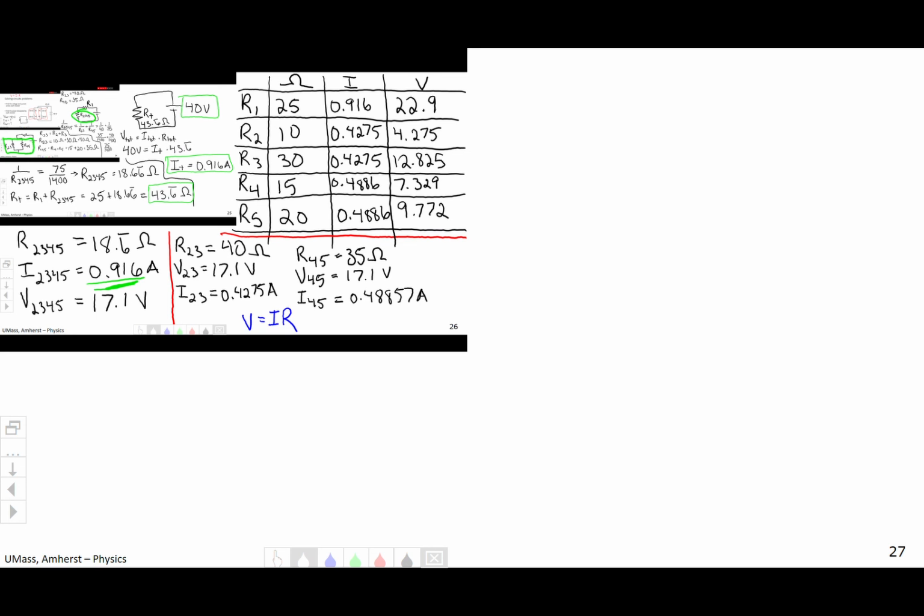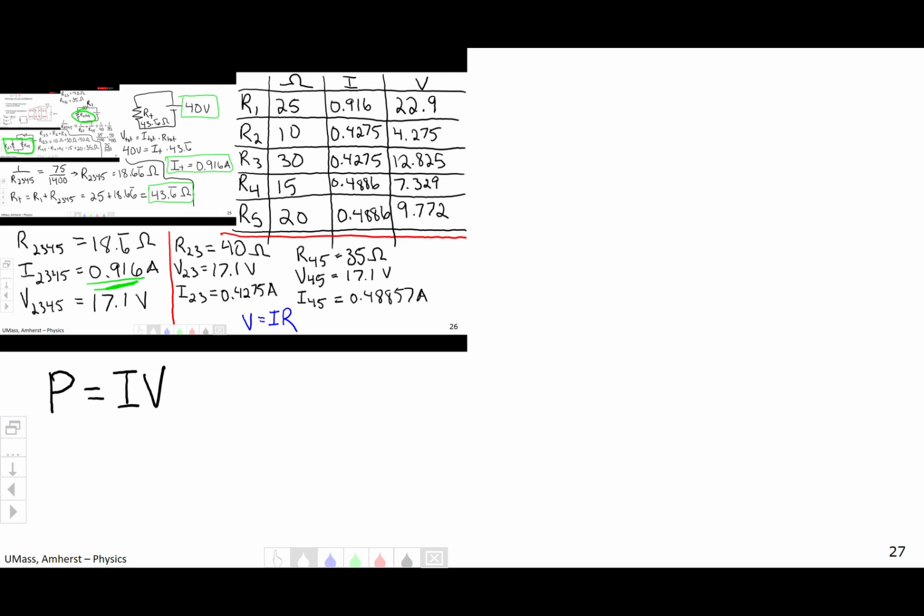Anyways, let's find the power in each of these. Power is current times voltage. All right, so we very simply can multiply across. Very, very simple.